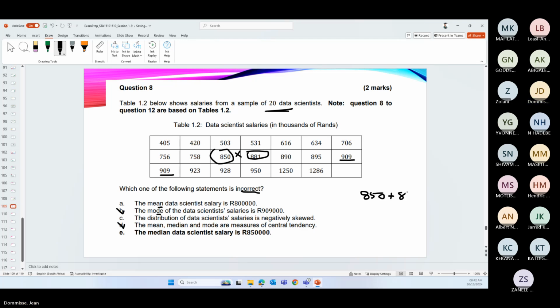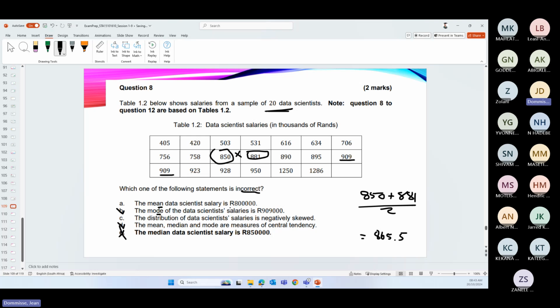So 850 plus 881 divided by 2 gives me 865.5. So we know the median is the incorrect one.